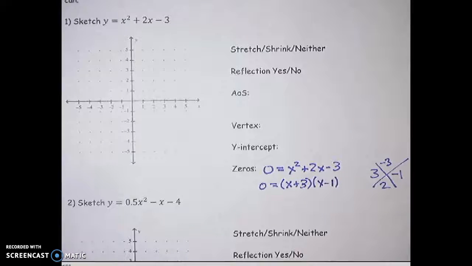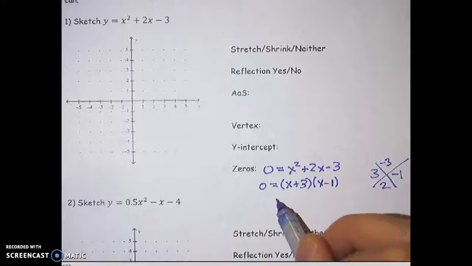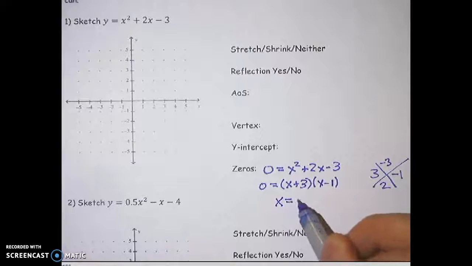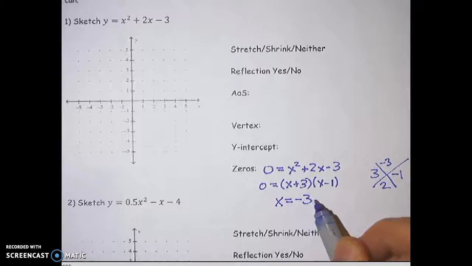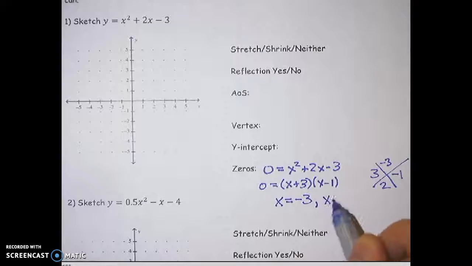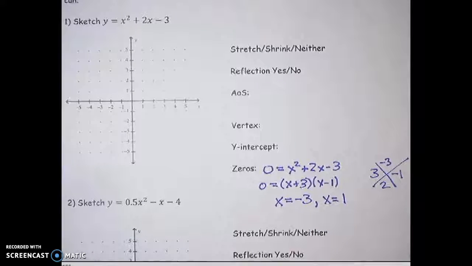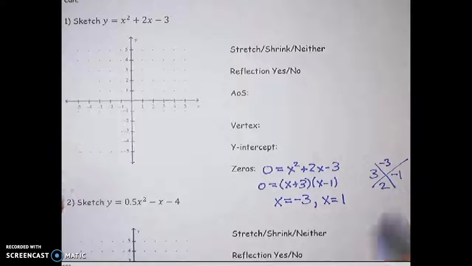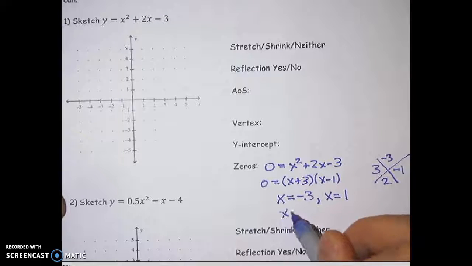Now remember the ZPP part, you have to actually say what the x's are equal to. So x equals negative 3 for this one, and x equals 1 for that one. What we basically just found is where the parabola touches the x-axis. These are the x-intercepts.